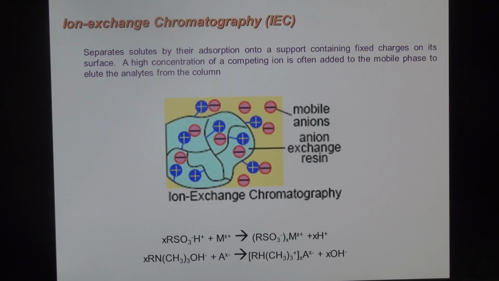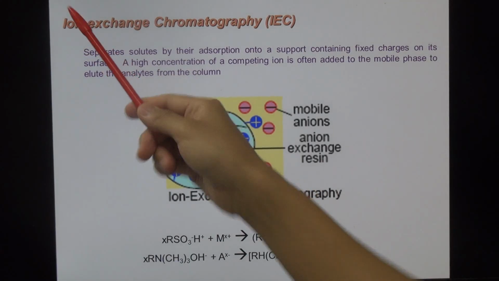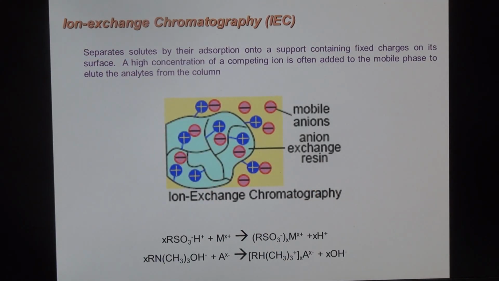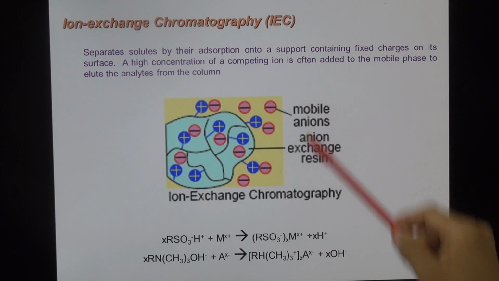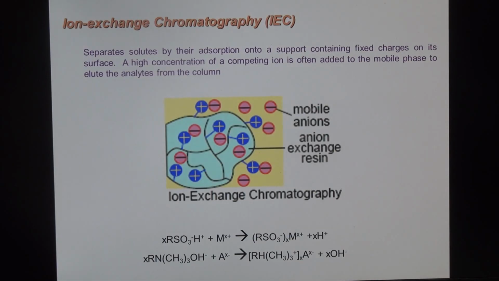The next kind of chromatography is called ion exchange chromatography. They are more properly suited for the separation of ions. For this IEC, the stationary phase has certain ions, either positive or negative. If they have positive ions on the solid support, they can separate negative ions.